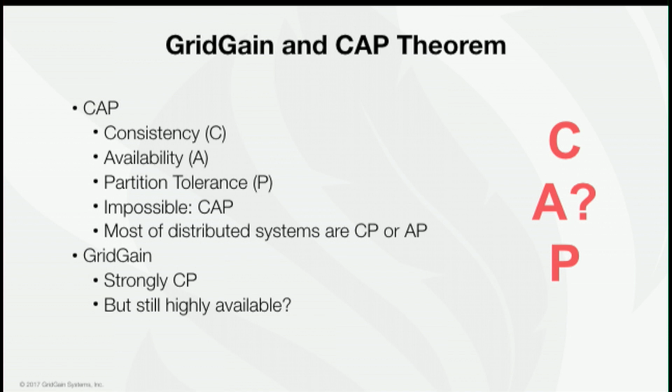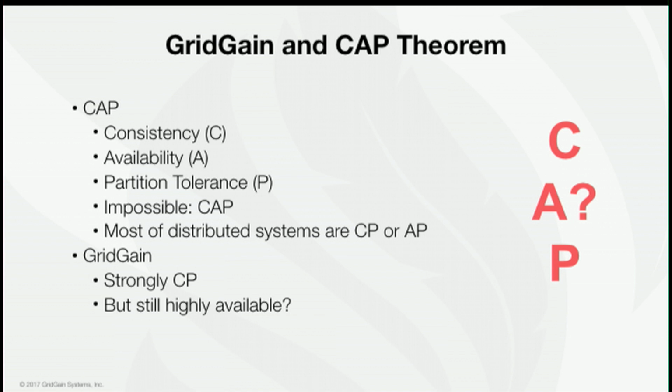Just as a reminder, the CAP theorem tells us that any distributed system has pretty much three major characteristics. First one is consistency, which means that if a system is consistent, it will never give you an incorrect result. Whenever you request some piece of data from the system, it will give you the actual consistent value back and never anything else.